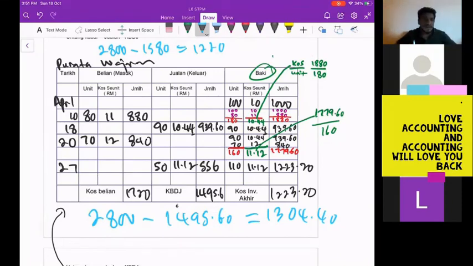So how do you get under 1010? Under 60 minus 50. I have under 60 units, I sell 50 units, so the balance is under 1010 units.